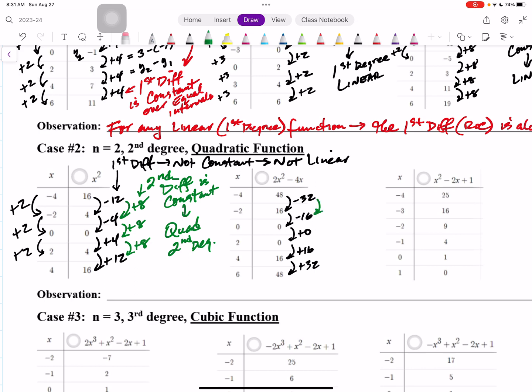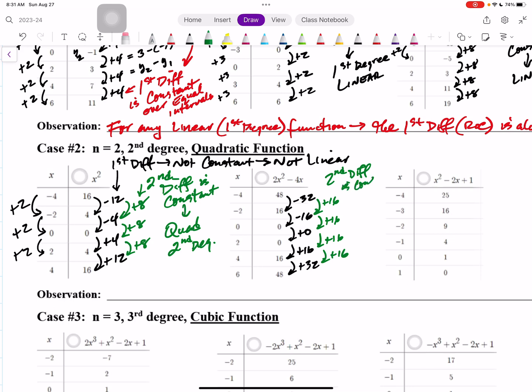What's the rate of change of the rate of change? What's the change from -32 to -16? We're increasing again because we're moving to the right on the number line, and so this is a plus 16. From -16 to 0 is plus 16. From 0 to 16 is 16. From 16 to 32 is 16. So again, right here, the second difference is constant.